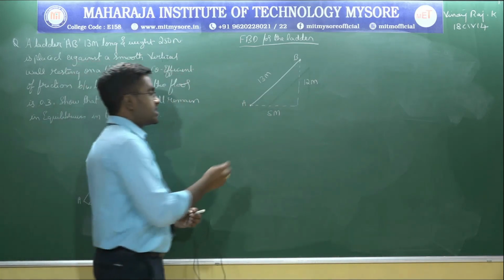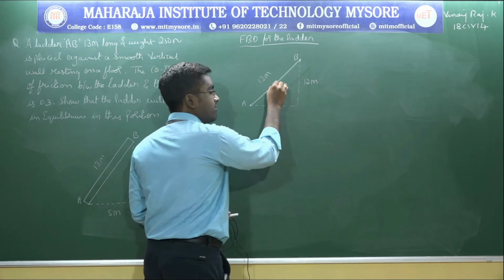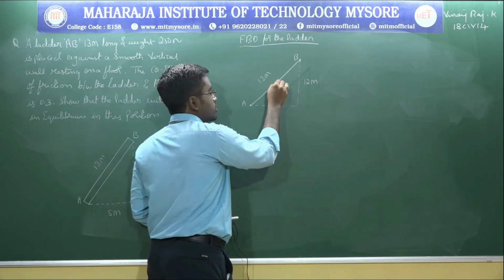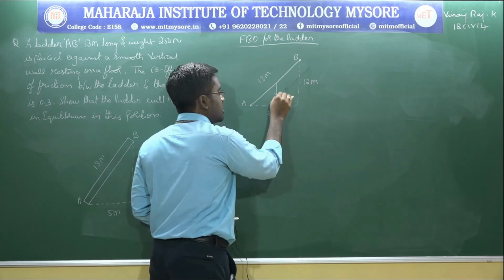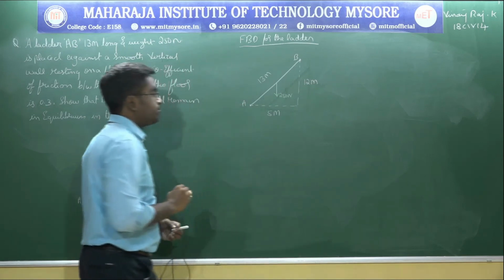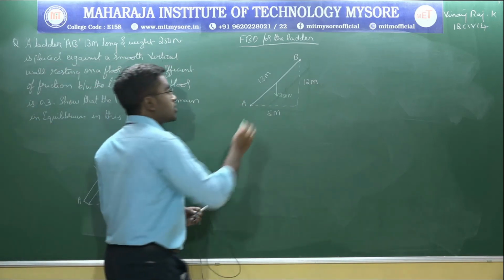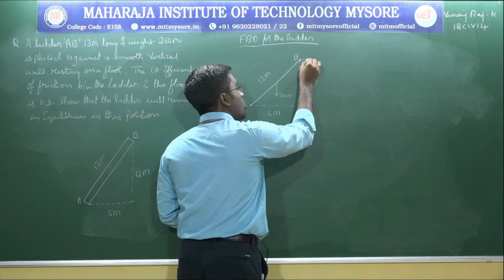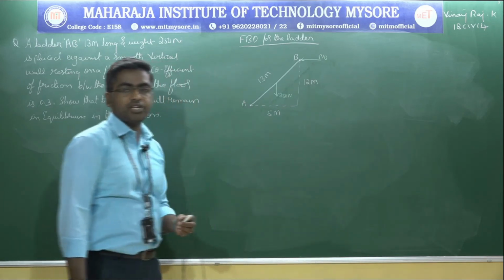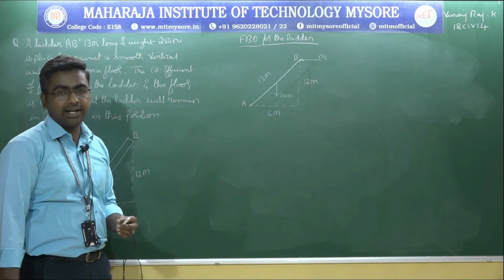So the ladder self weight is 250 Newton, and always the self weight will be acting from the center of any object, and it will be vertically downwards. So this will be equal to 250 Newton, right? There will be a normal reaction from the wall, perpendicular to the wall, and let me call it NB. And there will be no friction between the wall and the ladder.